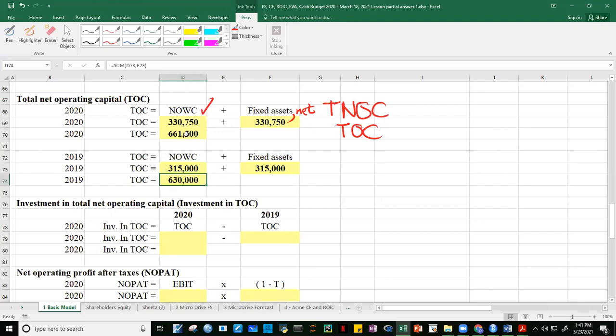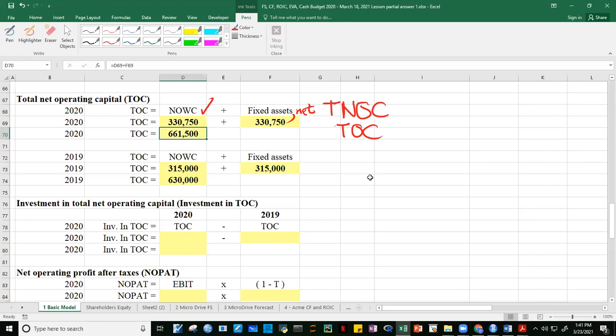Noong 2020, 661 na. So, dinagdagan ba ng company yung operating capital na ginagamit by management? Okay, yes, tama. Correct. So the firm provided more operating capital for use in the operations of the company.